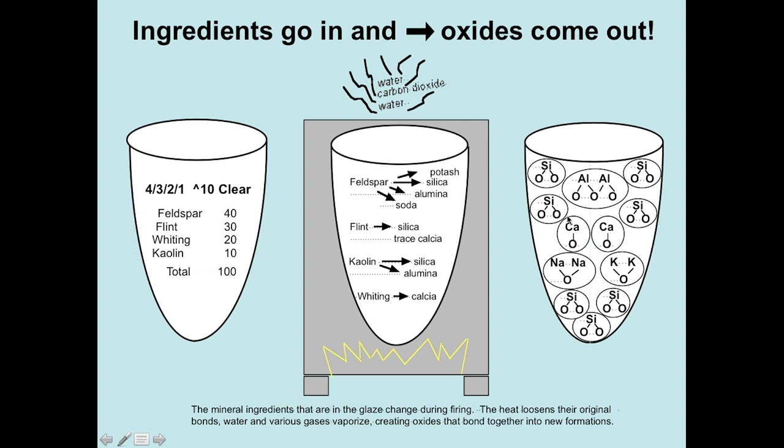And so we'll be studying the 12 oxides that are found in all of these ingredients in the recipes. So the mineral ingredients that are in the glaze change during firing. The heat loosens their original bonds, water and various gases vaporize, creating oxides that bond together in new formations.